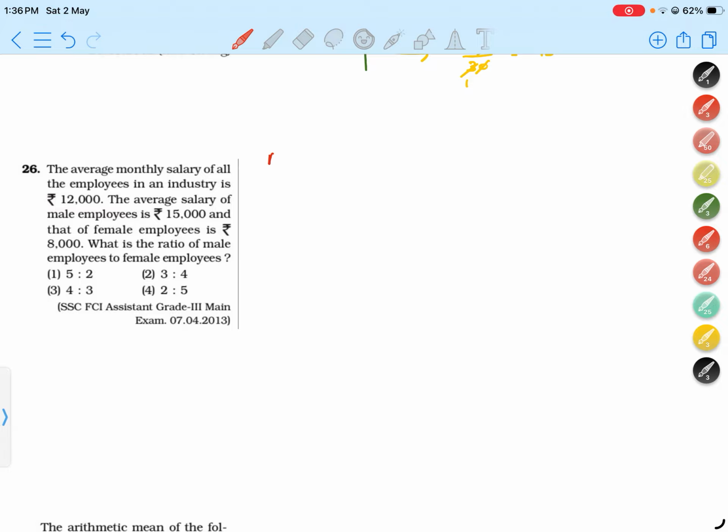Let us say that male employees are M and female employees are F. Then we are given that 15,000 M plus 8,000 F upon M plus F is equal to 12,000.